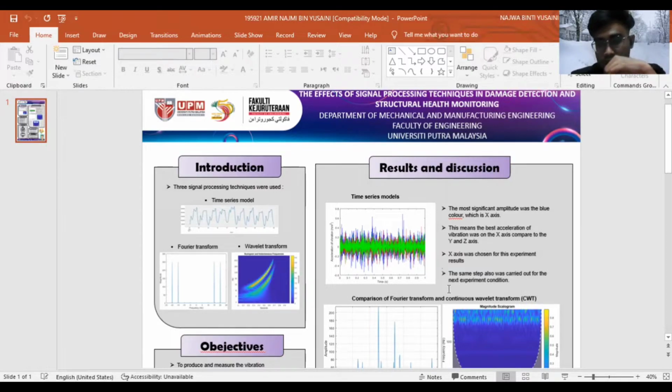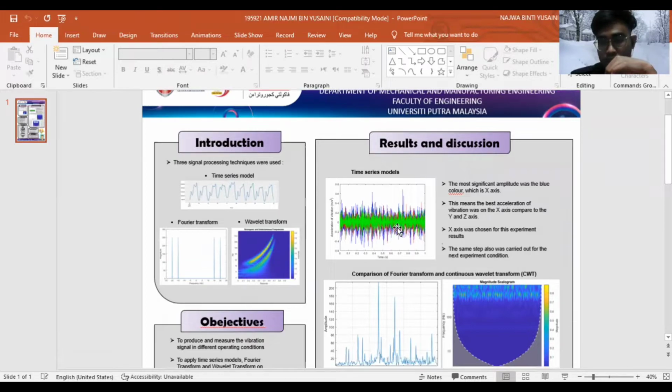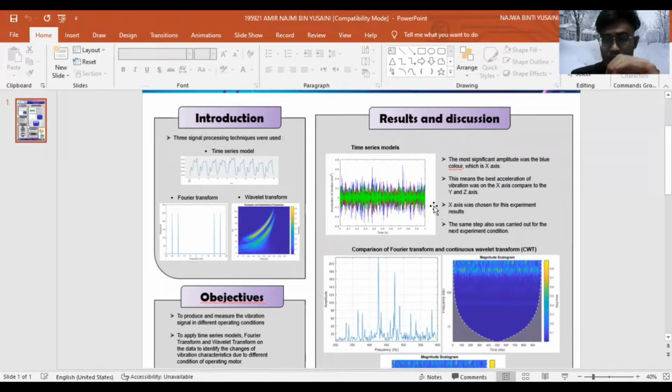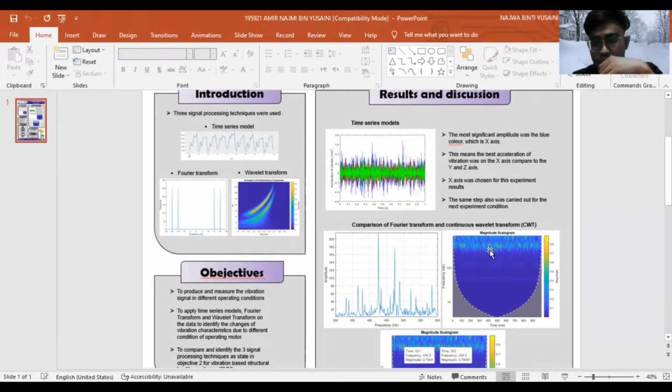I use the three different colors to identify the most significant axis or most significant amplitude to carry forward into the Fourier transform and wavelet transform. I chose the blue one, which is the X-axis, as the significant amplitude. Then the X-axis is carried forward to the wavelet and Fourier transform.